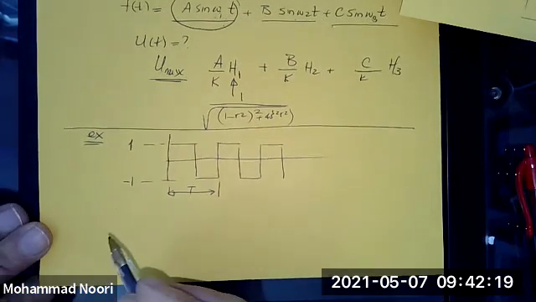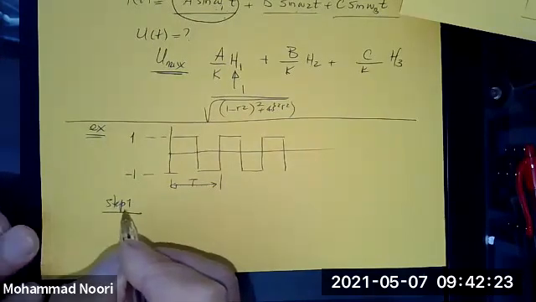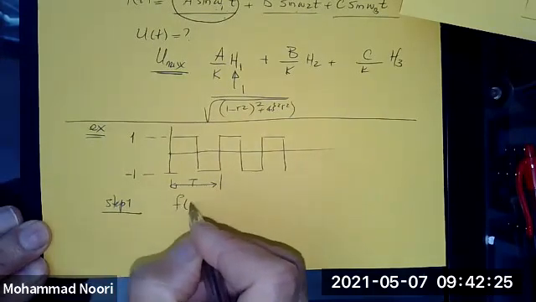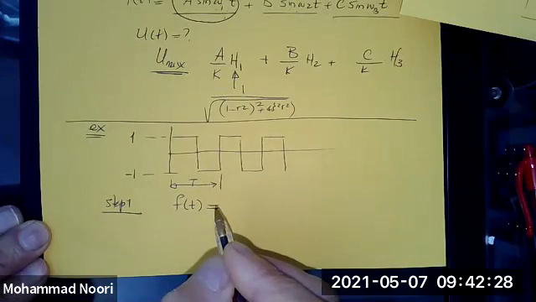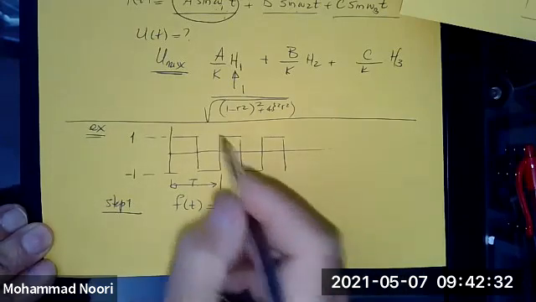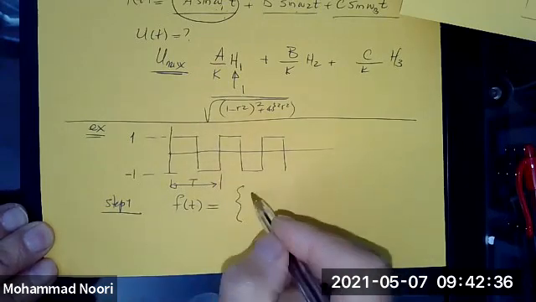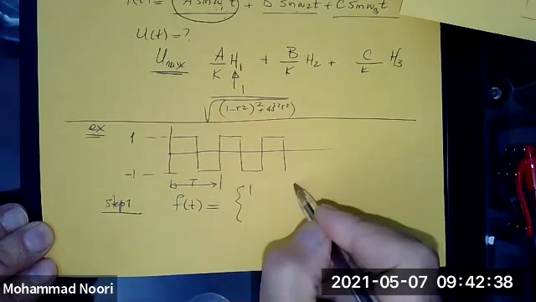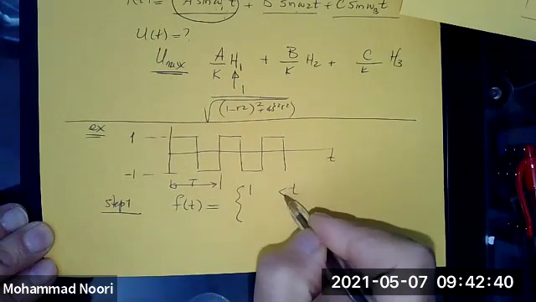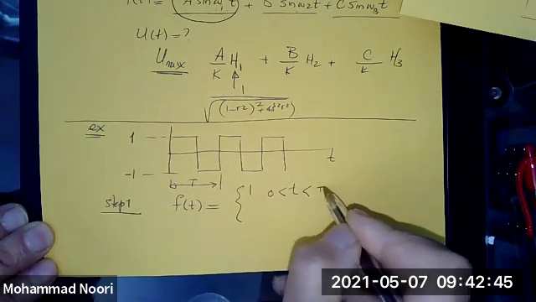So as I said, the first step, step one, is you need to set up an expression for this function. Okay. So what is this? This is a discontinuous function whose value is 1 when t is greater than 0 and less than T over 2.